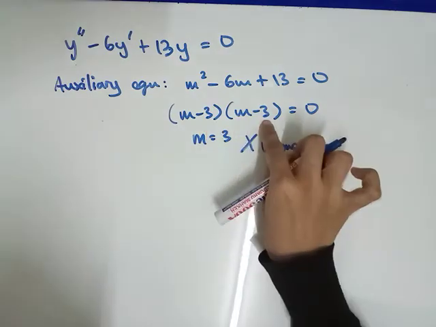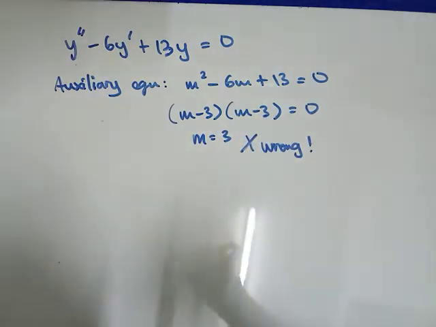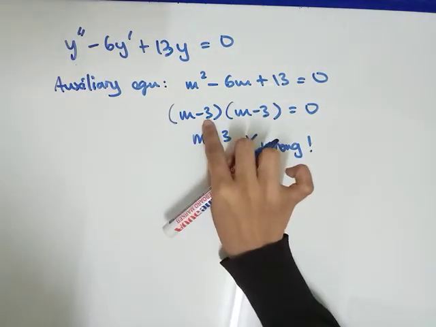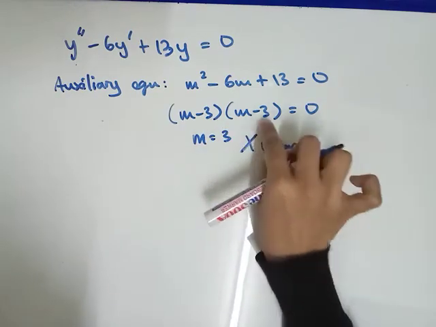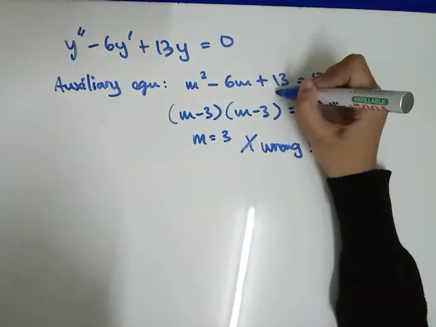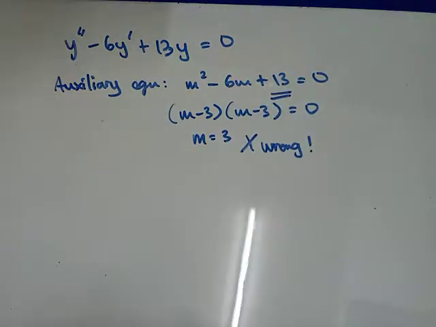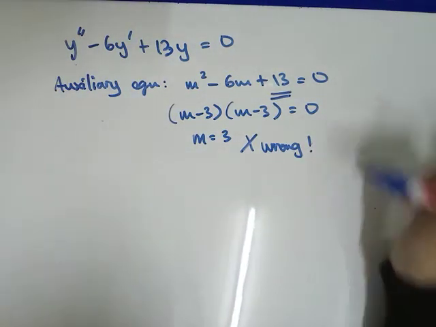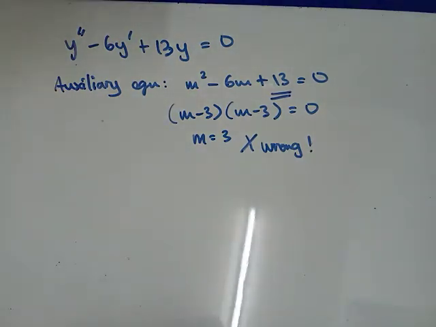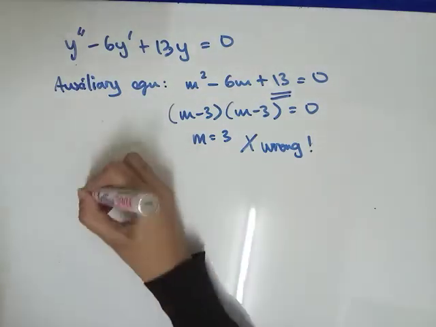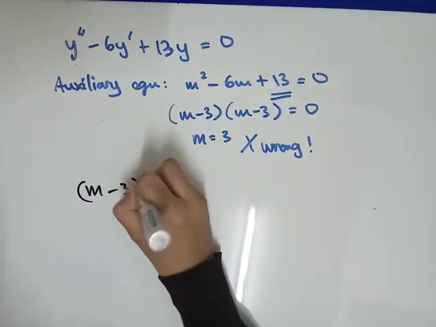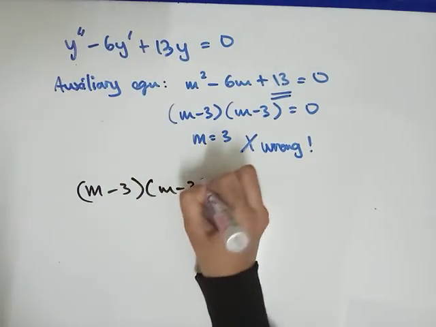Nak tahu it is correct or not, calculate 3 times 3. You get 9. But this one it is 13 here. So this is wrong concept, wrong calculation here. Okay, kalau tak percaya awak cuba expand balik. m minus 3 times with m minus 3. Expand.